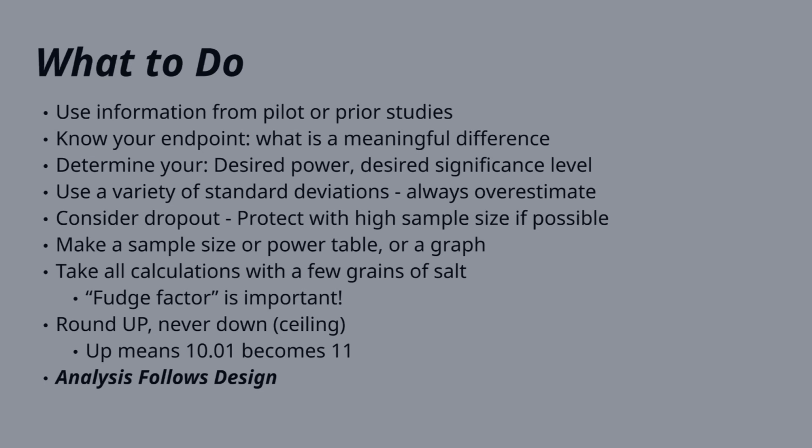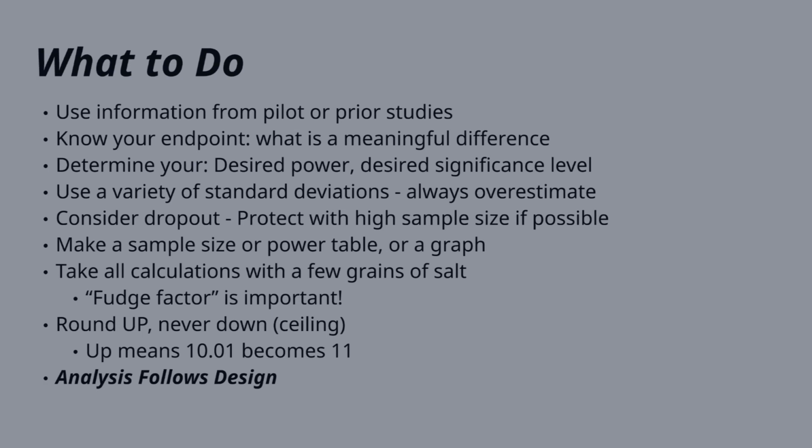If you are the one making the sample size estimates, use a table or a graph. Graphs can be very helpful with several lines to show where the power falls out for given estimates. Take all calculations with a few grains of salt. You will be wrong. The question is by how much? Fudge factor is important, and again, the best fudge factor is overestimating your standard deviation.